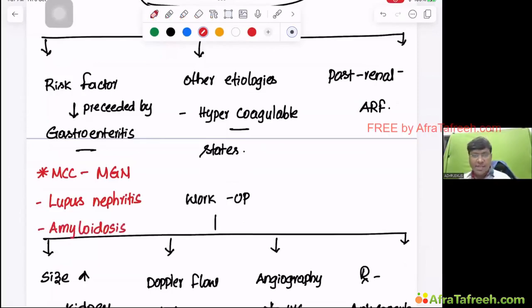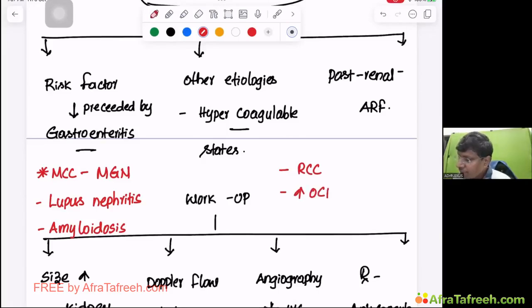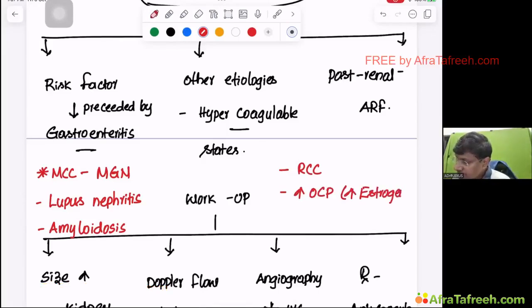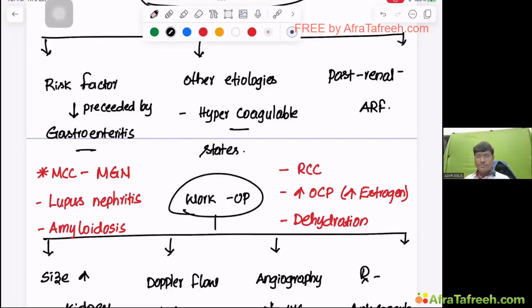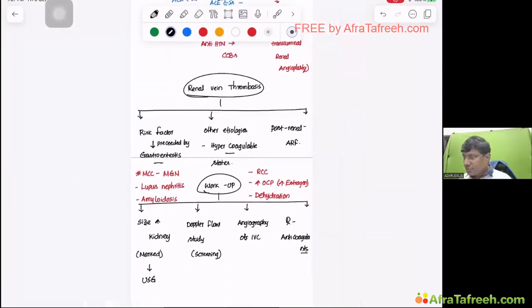And the other etiologies, as I have said, are renal cell carcinoma, intake of oral contraceptive pills rich in estrogen, and then dehydration, that is your gastroenteritis, which we have already discussed. So this completes your renal vein thrombosis. Basically, you have to remember that the individual will progress to a post-renal type of acute renal failure, and the kidneys are enlarged in size.